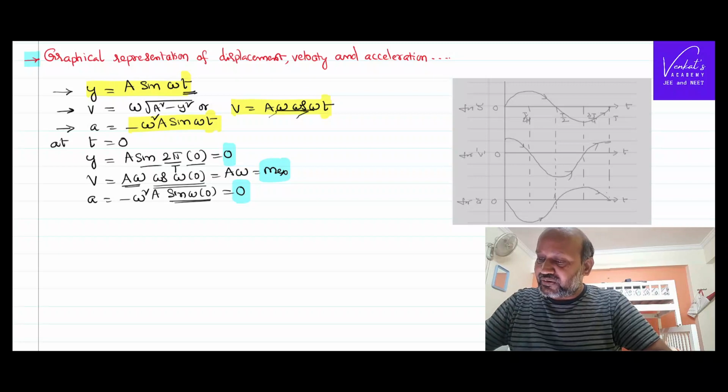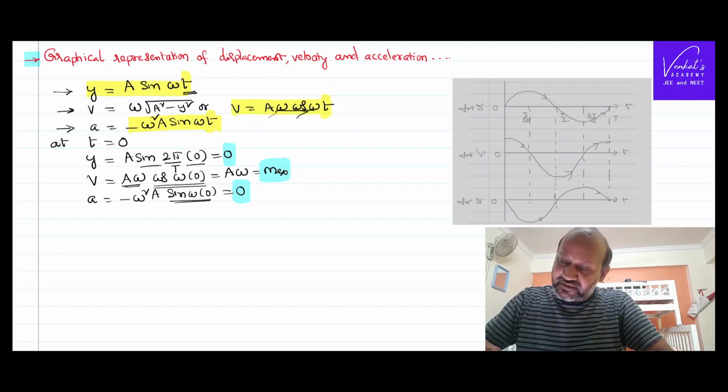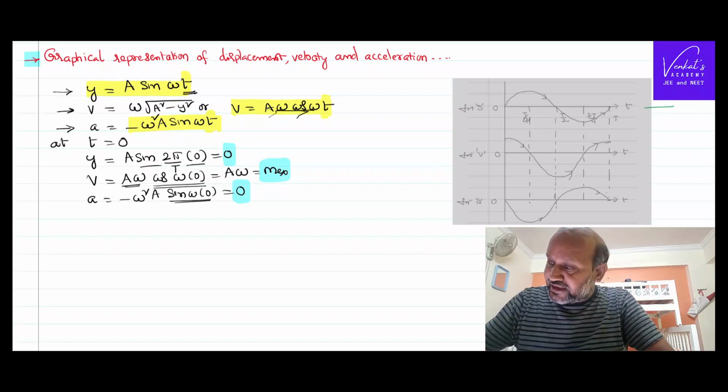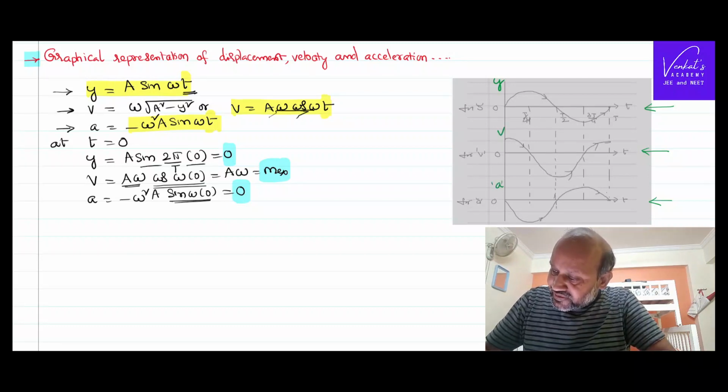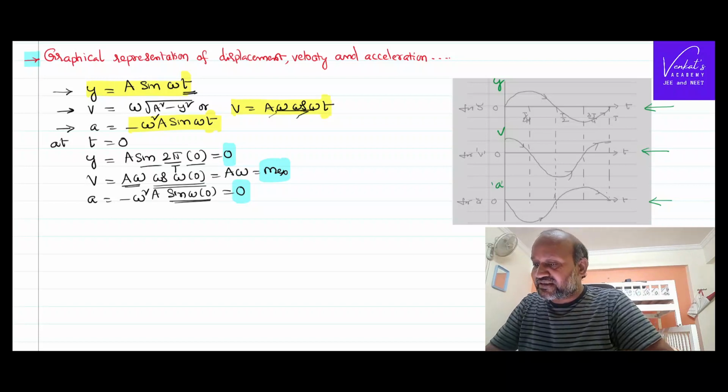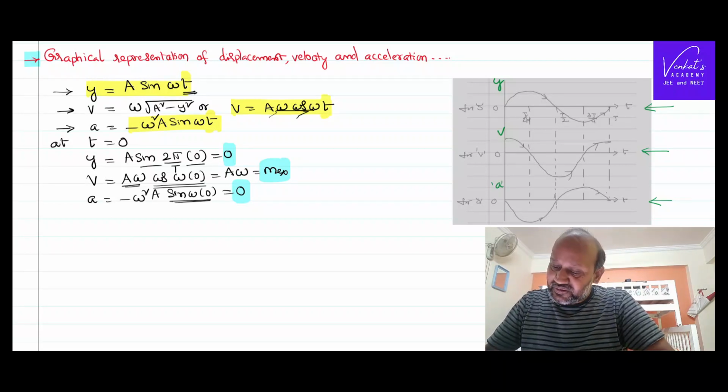Now look at this graph. In each graph, we are taking time on the x-axis. On the y-axis, the first graph has displacement, the second has velocity, and the third has acceleration.